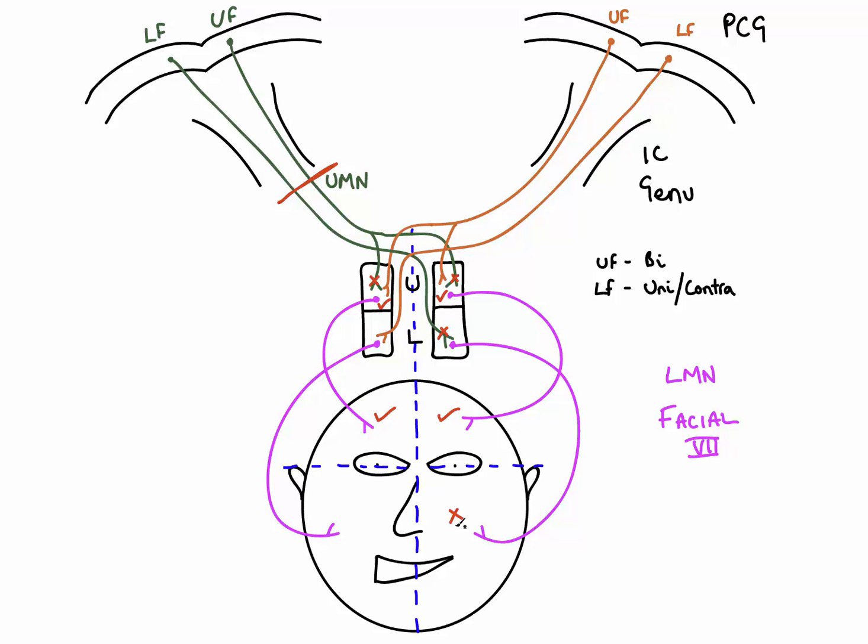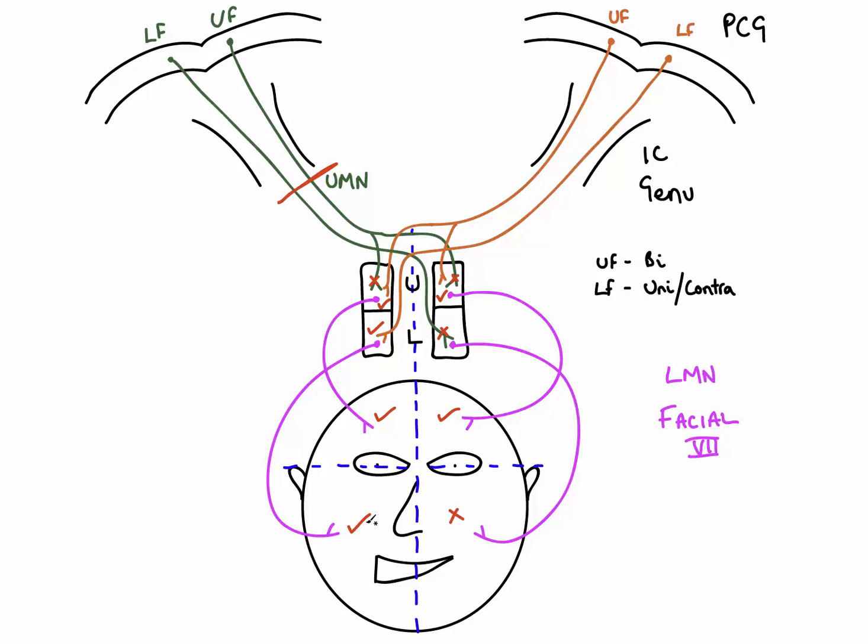But because of the contralateral innervation, this lower region of the facial nerve nucleus on the ipsilateral side to the lesion still receives an input, and this means that this lower motor neuron enables the lower portion of the face on the ipsilateral side to the lesion to contract.